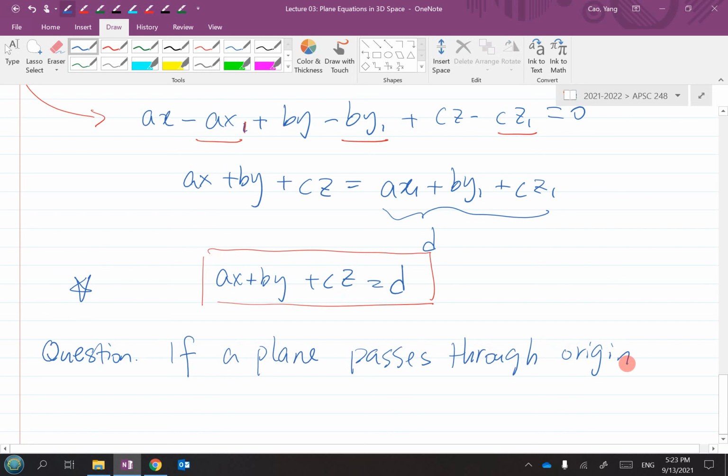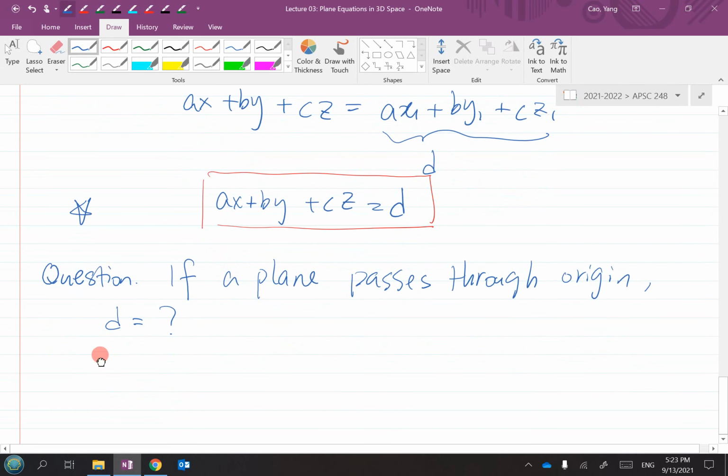So you have an XYZ coordinate system, and it passes through the origin. If this plane passes through the origin, what is that d value?